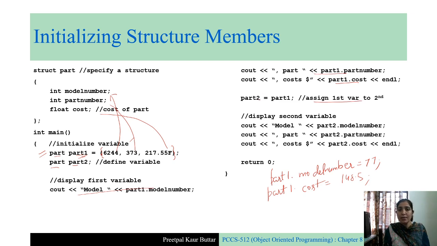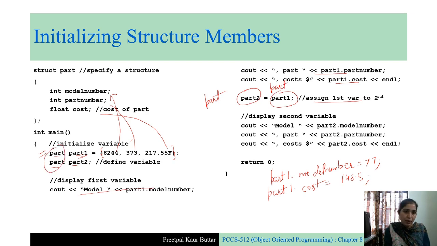Can we do this? Yes, of course we can do this. So here part2 is equal to part1. We can do this only when the type of the structure is same. Here the type of variable part2 is part, and the type of variable part1 is also part.